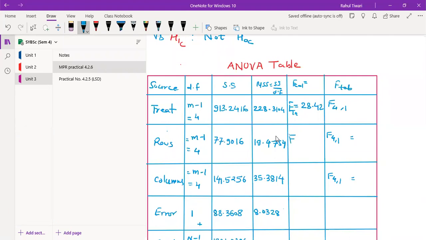F R, which is 2.4244, and similarly we have FC, which is 4.4046, and all these values are going to be the same.